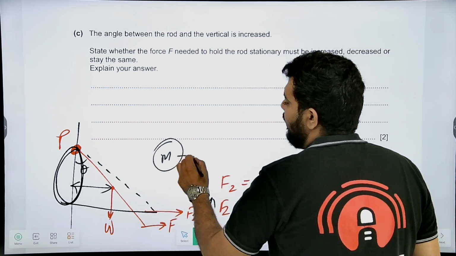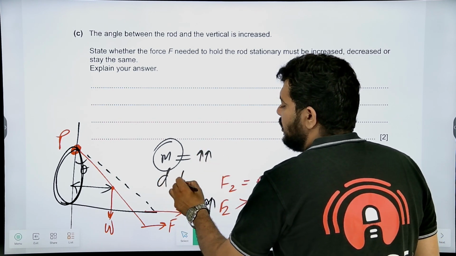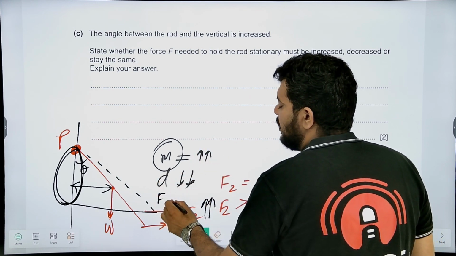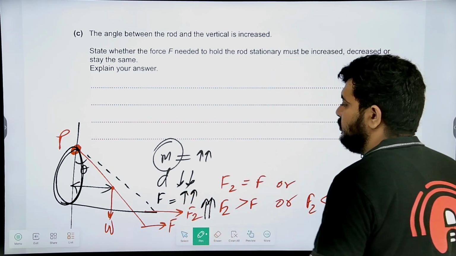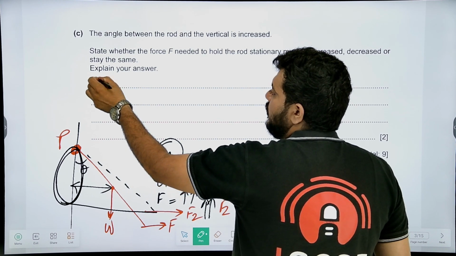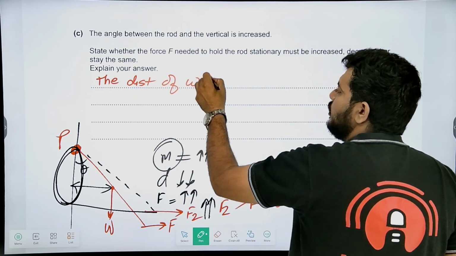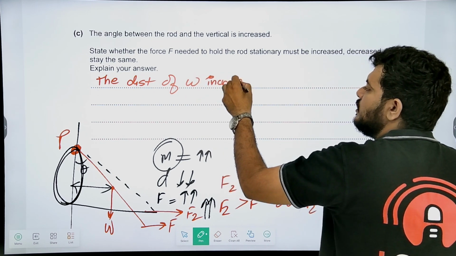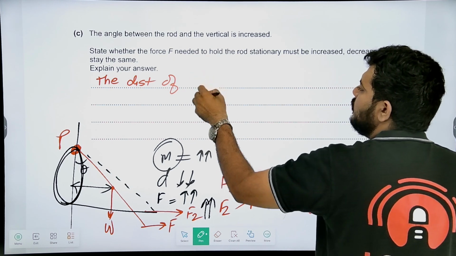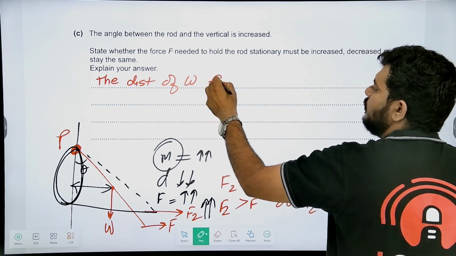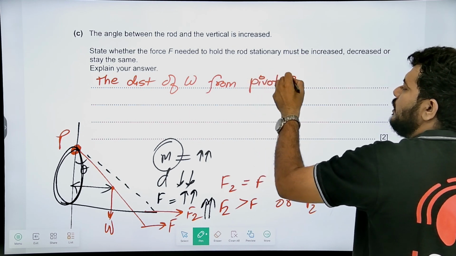Therefore, the moment increases, but the distance of F decreases. So the force required to keep it in equilibrium must increase. Okay, so let's write it down. The distance of W from the pivot increases.